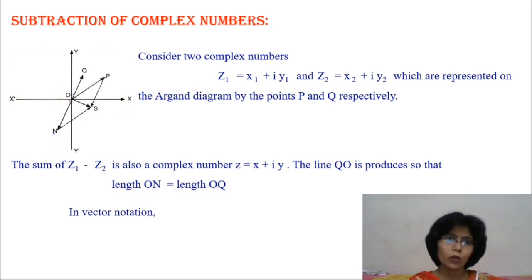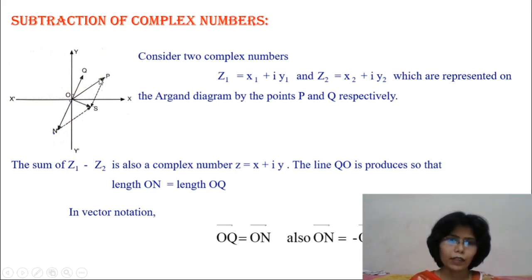The line OQ is produced so that the length ON is equal to OQ. Here is your OQ. We have to extend this line in the opposite direction, so it will become ON having the same length. So in vector notation, ON is equal to minus OQ.